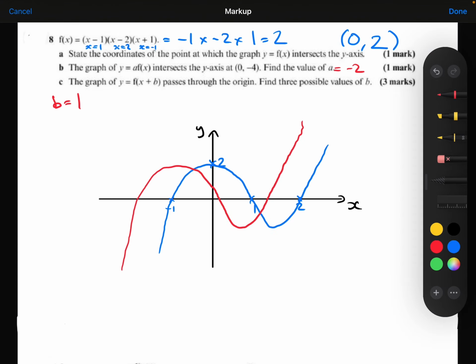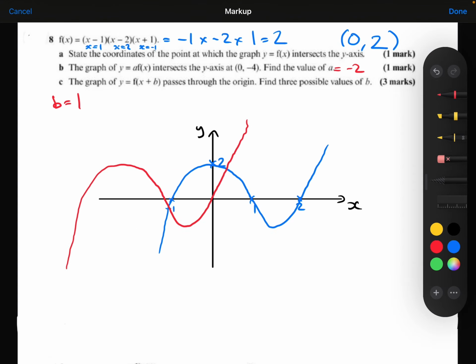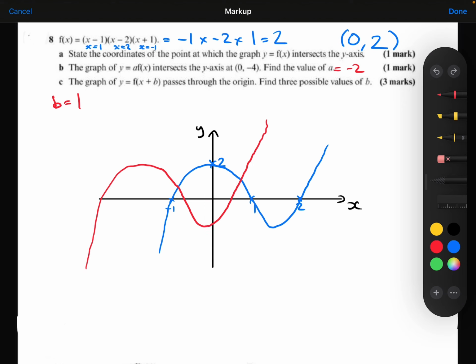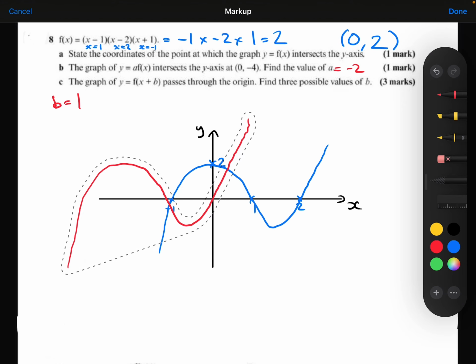It could also have gone like this, where the point where it was intersecting at 2 here, now it's moved 2 units, 1, 2, and passing through the origin. So in that case, b is 2.